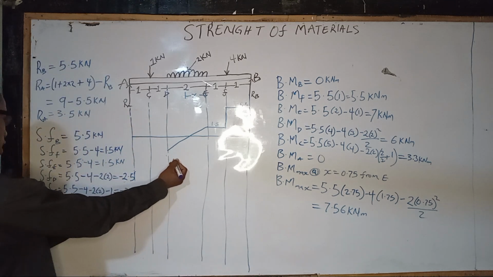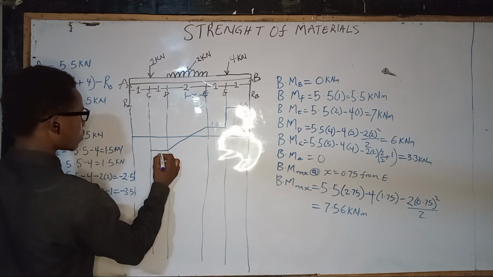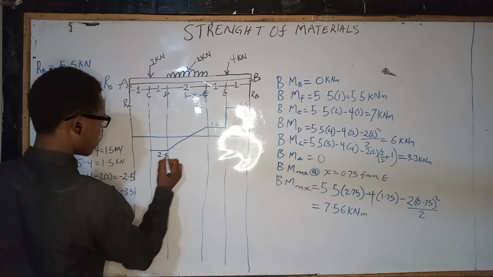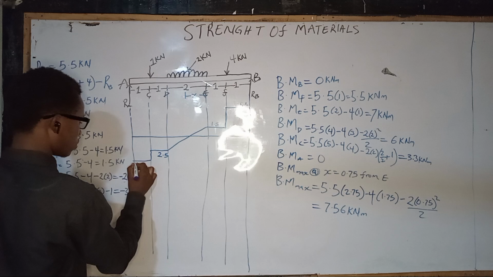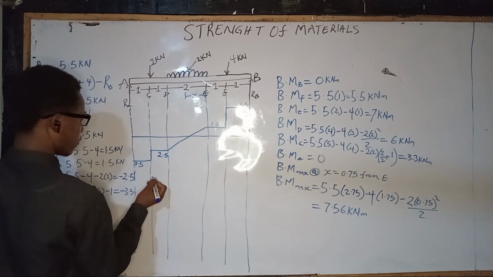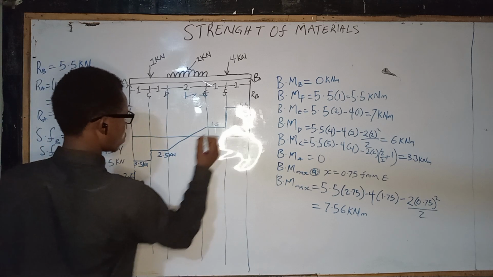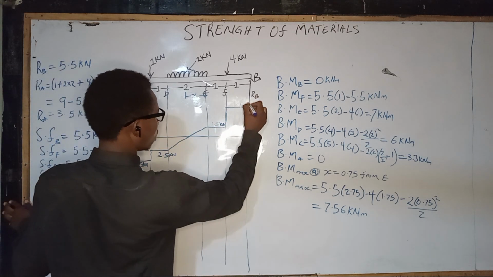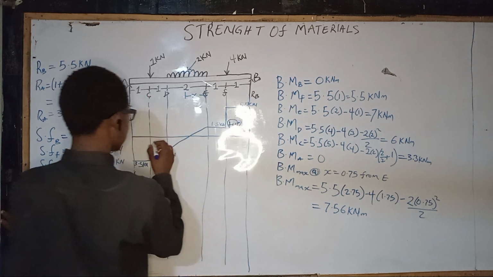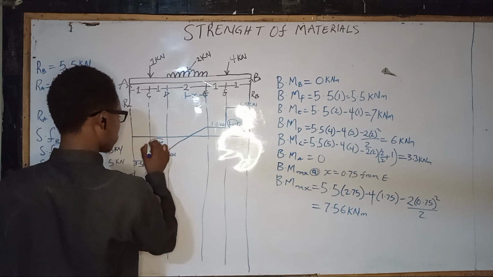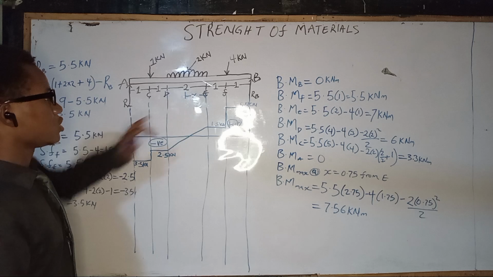Then this drags on to C. We have 2.5 here, and this one here is 3.5 kilonewton. This is positive and this is negative. So this is our shearing force diagram.